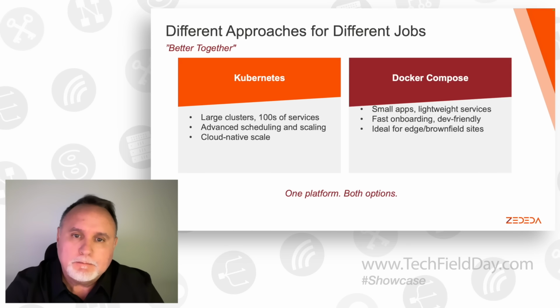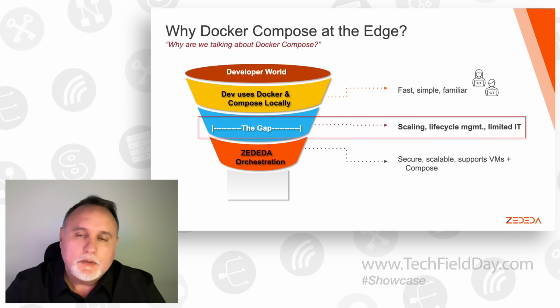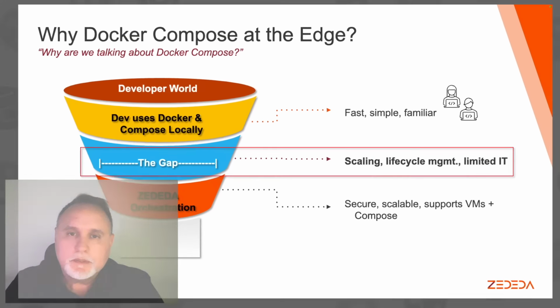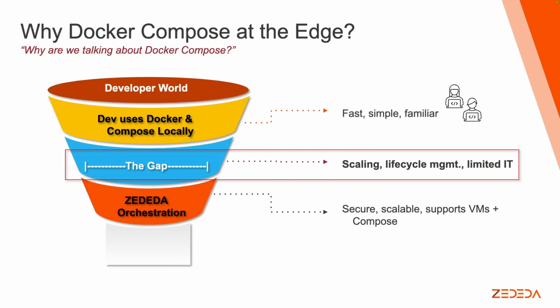And now let's talk about, if developers are already using Docker Compose, why is it important that we bring that to the edge? So one of the biggest challenges at the edge is diversity of workloads. In most environments, you don't have one type of application. You typically have many. You've got legacy VMs that have been running for years, maybe Windows machines.